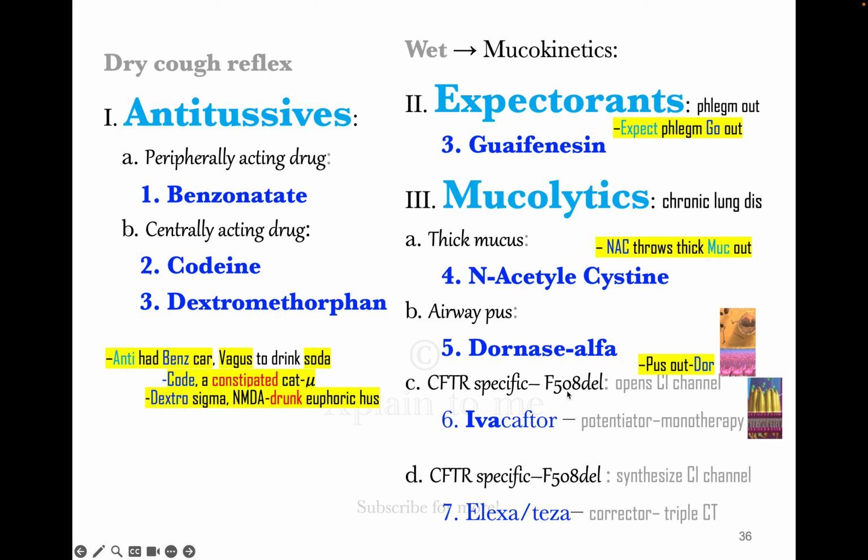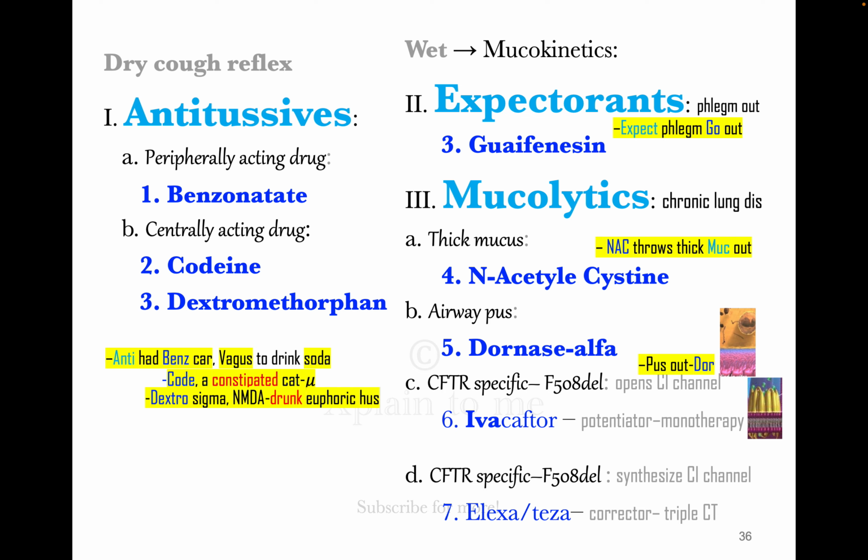But keep in mind, the specific deletion can cause a non-functional cystic fibrosis condition. But the drug Ivacaftor, specifically that drug, will help to open the chloride channel. So I have this chloride channel in the membrane throughout the respiratory system. It's not opening, so chloride is not transmitting, so water is not working well.